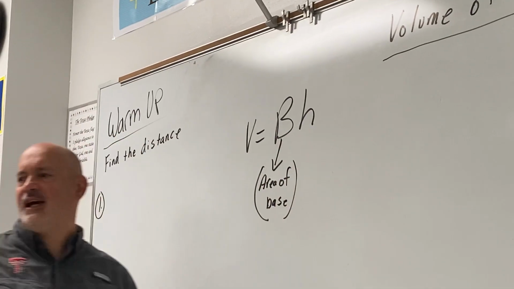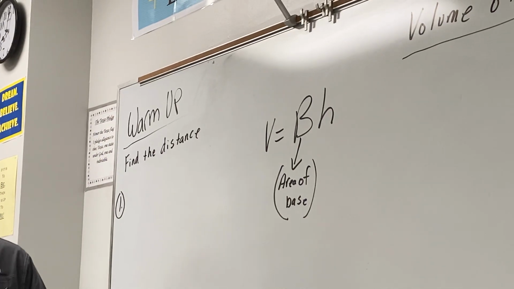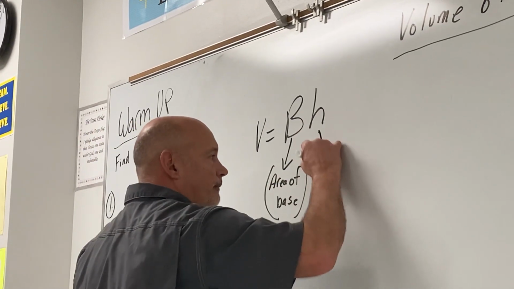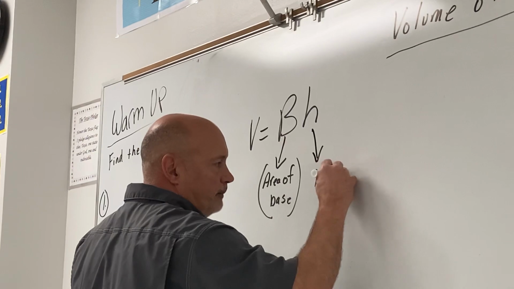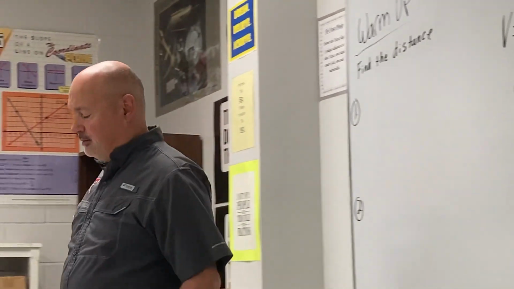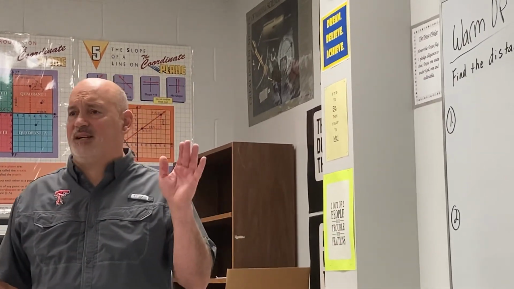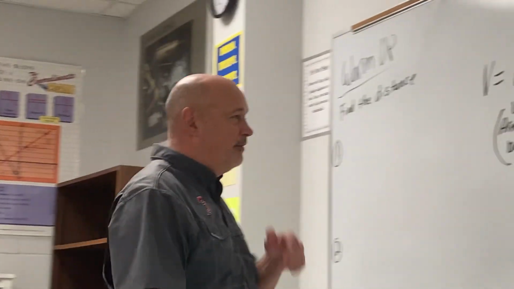And what does little h mean? Height. So, for any prism, all you got to do is find the area of the base, big B, and multiply it times the height, and that will give you the volume.